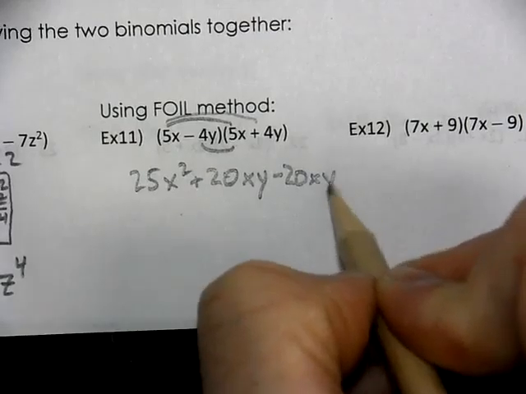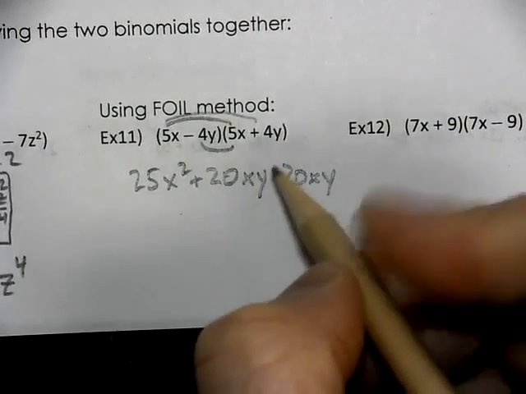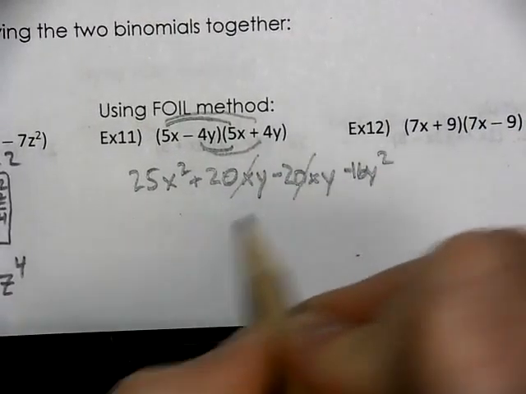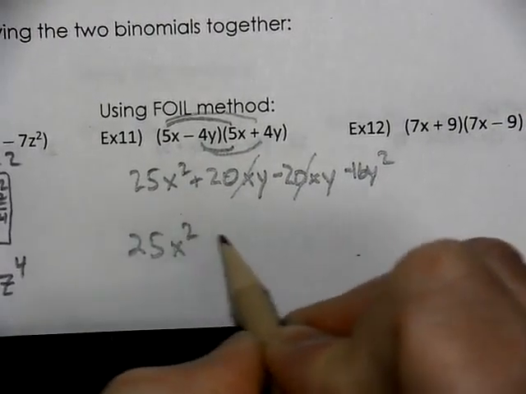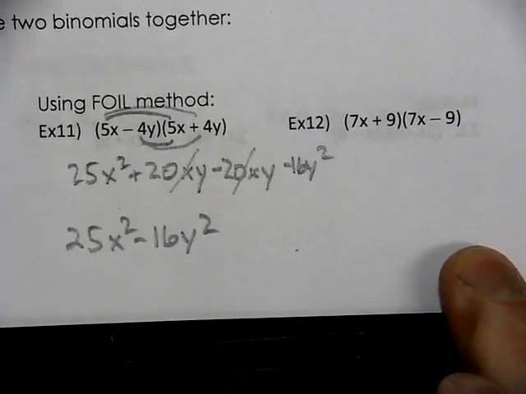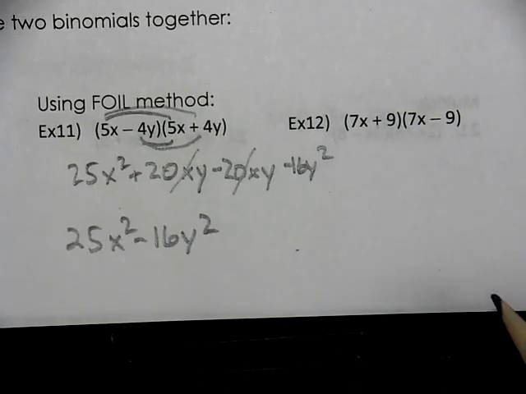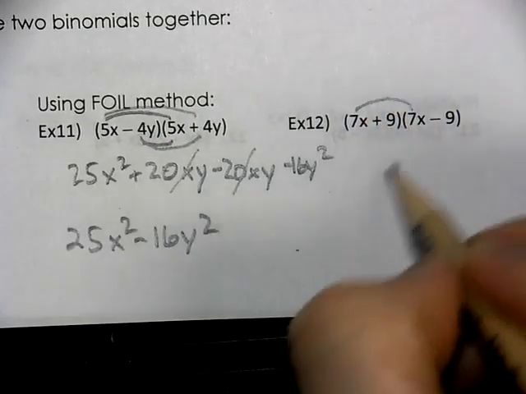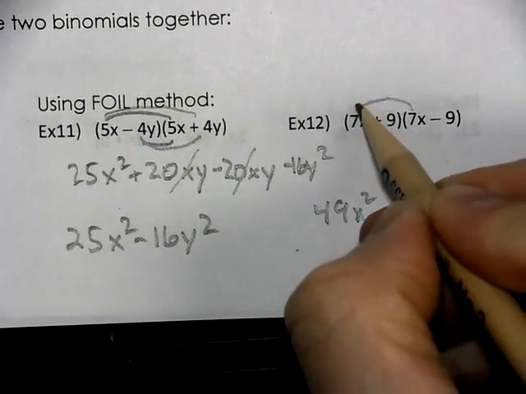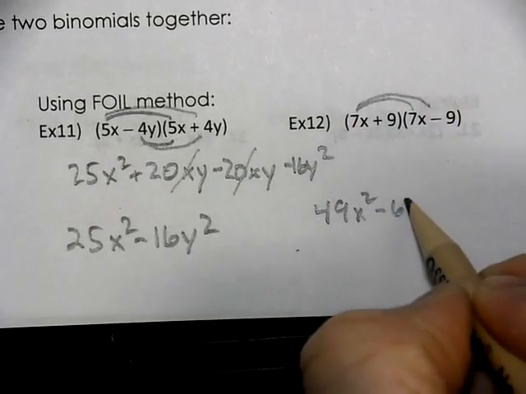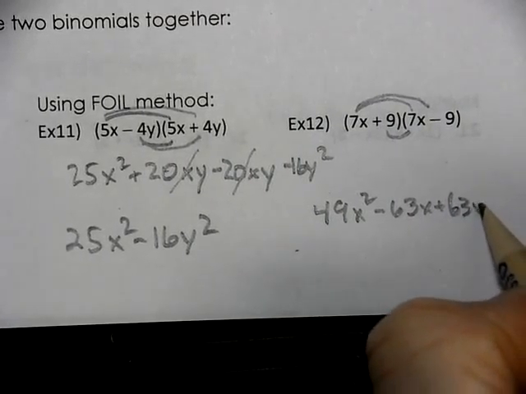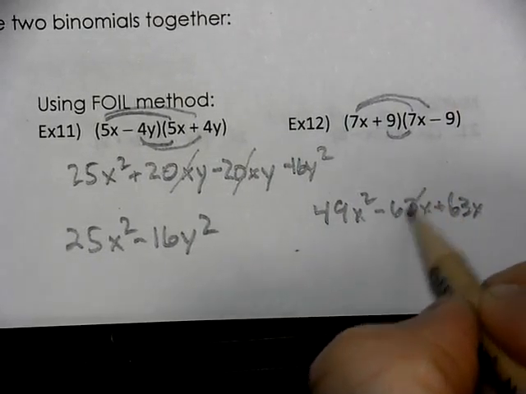Notice how the two middle terms are exactly the same, but their signs are different, so they cross out.